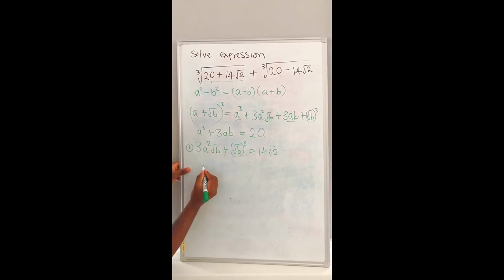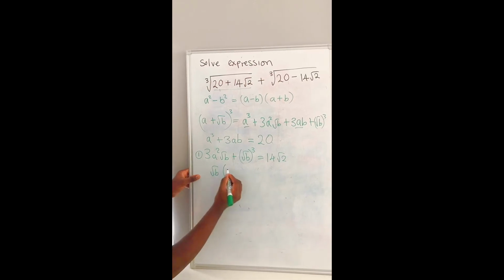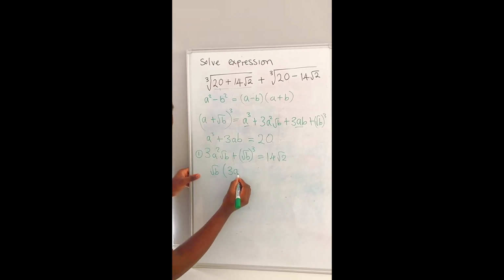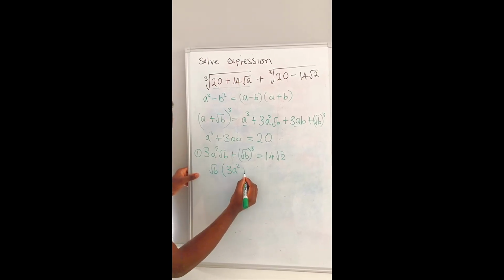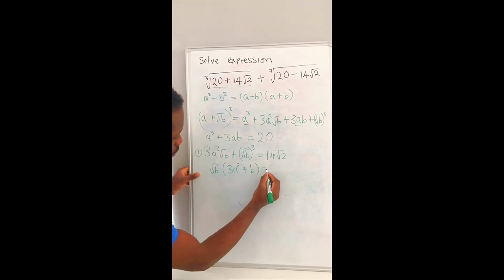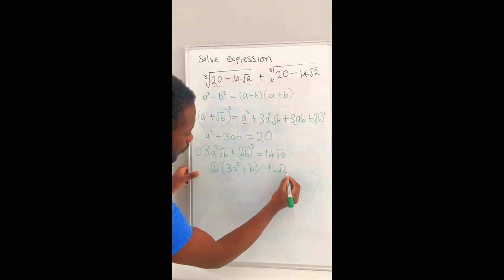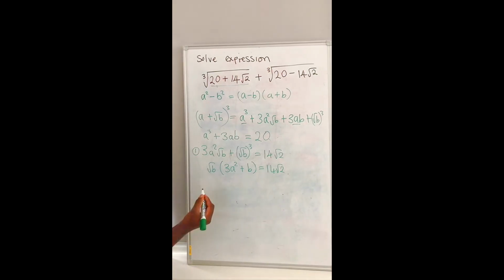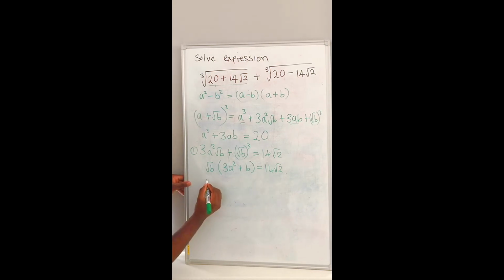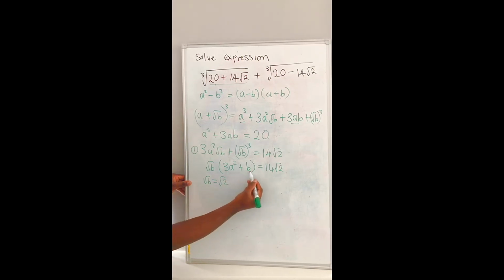So this one will give us something like root of b, open bracket, 3a squared plus b, is equal to 14 root of 2. So from here we can say root of b shall give us root of 2. Since these two, whenever they come together, they will give us this number here.